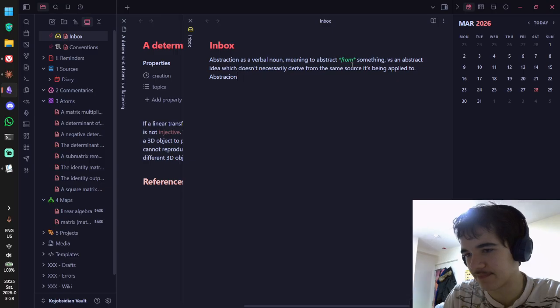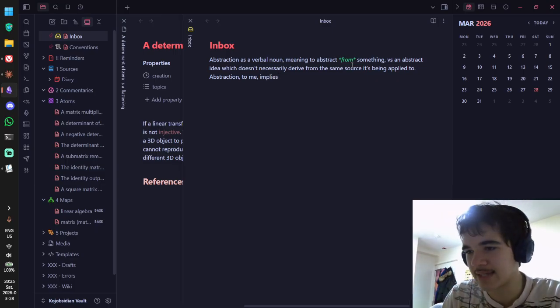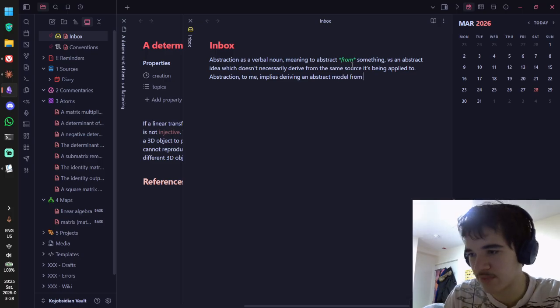Abstraction to me implies creating, deriving an abstract model from the source it is applied to.